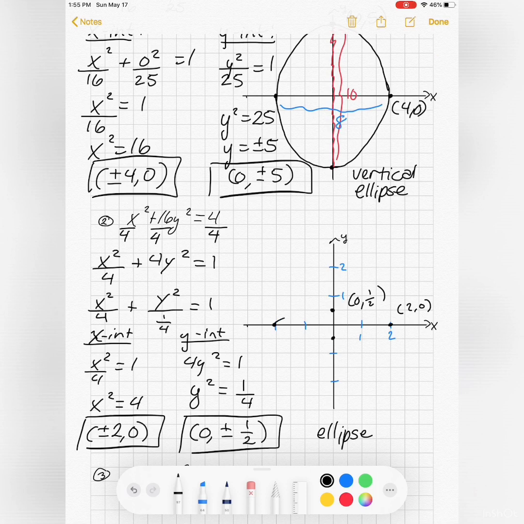Okay, so this ellipse is a little bit more stretched. And then I can see that the horizontal axis is the longer axis. So this is a, oh, I'd already written down here. This is a horizontal ellipse.